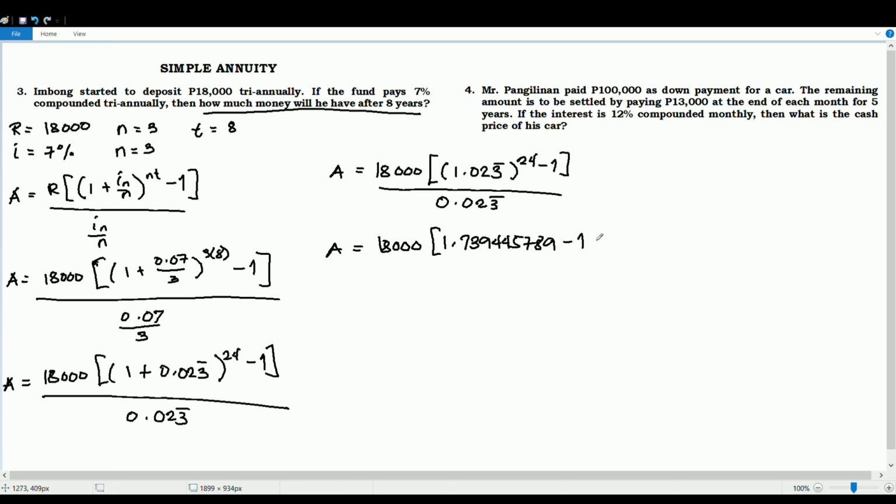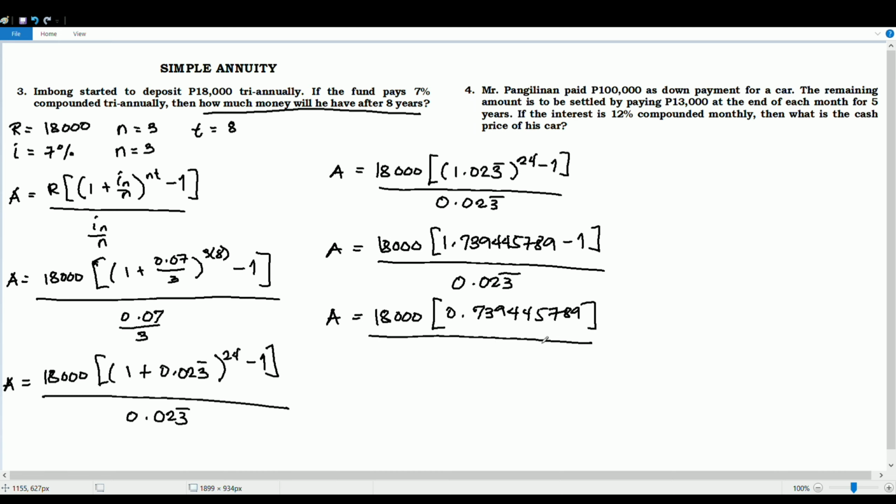Now we have to take the 24th power of 1.023, and that is equal to 1.739445789 minus 1 over 0.023. A is equal to 18,000. We have to subtract 1, so we have 0.739445789. Then we have to multiply both the numbers in our numerator.